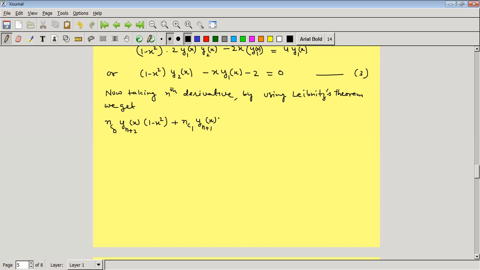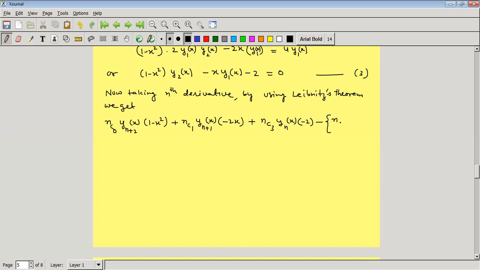And now we differentiate 1 minus x square, we get minus 2x. And in the third step, nC2 yn(x), the derivative of minus 2x is minus 2. And all other terms become 0, so there is no need to write other terms. Now come to this point. Minus, so we can write minus here, and then in curly brackets, we take y1 to be u, x to be v. Again apply Leibnitz's theorem here.